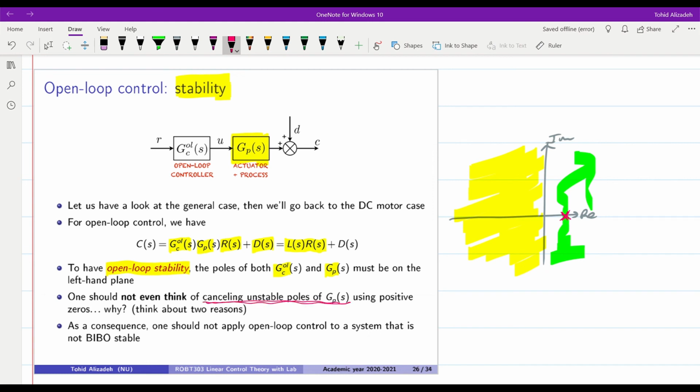It's not a proper approach indeed. The overall system will not be BIBO stable. So you can see that stability is one main factor for designing the controllers and for our overall control system. And with open loop controllers, we might not be able to have a stable system.